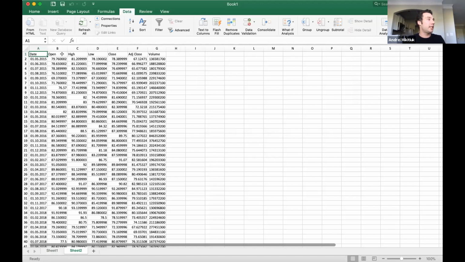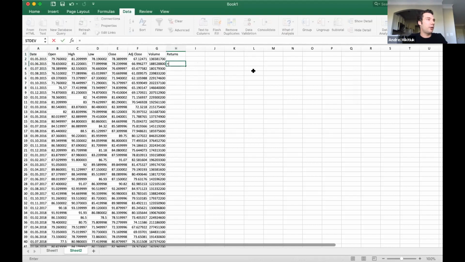So what we have here: we have dates, open price, high and low intraday price, and closing price. We are not going to use anything but the date and the closing price. As you can see, the dates are the first of every month. So the first thing I'm going to do is calculate monthly returns.